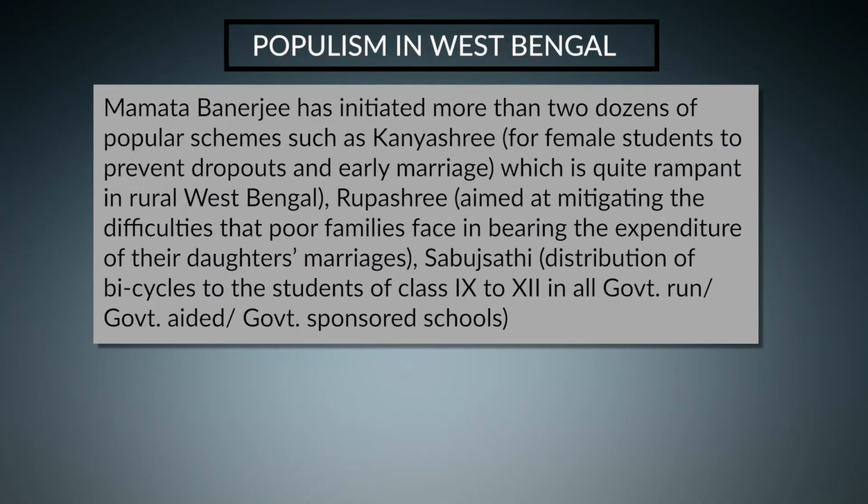She has initiated more than two dozen popular welfare schemes, right from Kanya Shri, Rupashri, Sastho Sathi, Khadyo Sathi, from childbirth to death; there are schemes which cater to the needs of different groups.